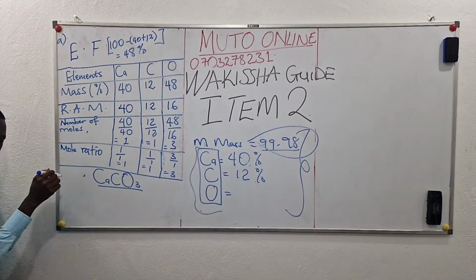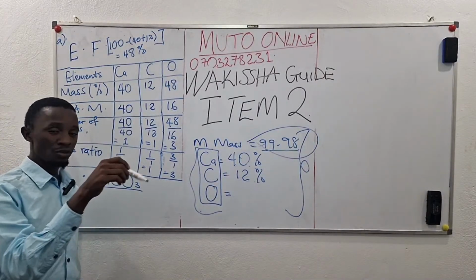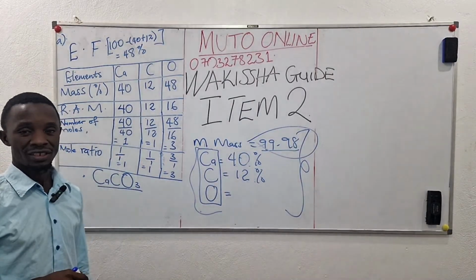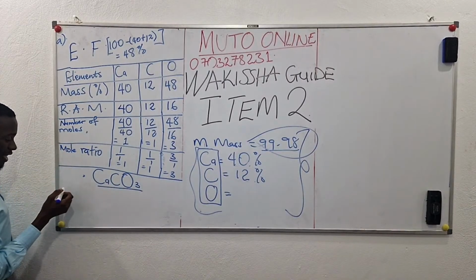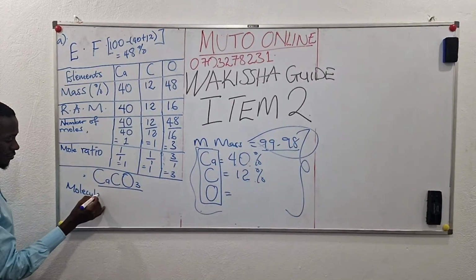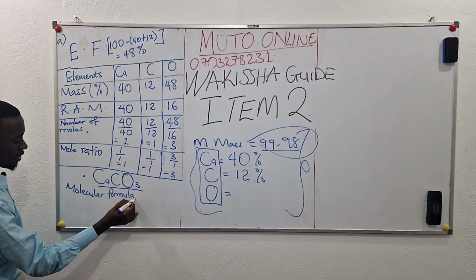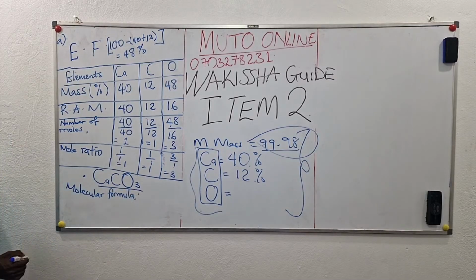Now, what is the actual formula of the compound? The actual number of moles of these elements in the compound. So we shall only get them by determining the molecular formula.